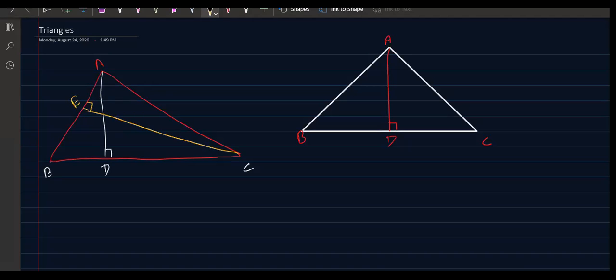Yes. It may or may not bisect, by the way. That's the thing, right?